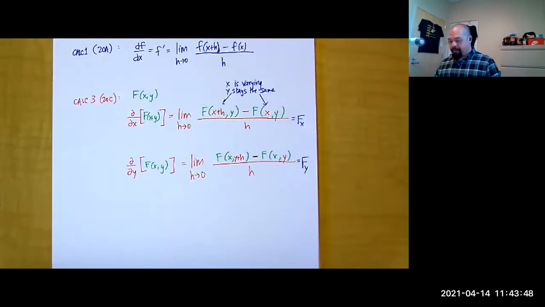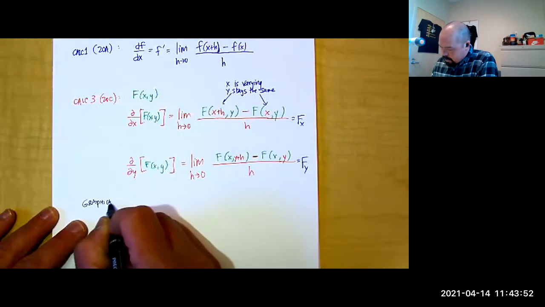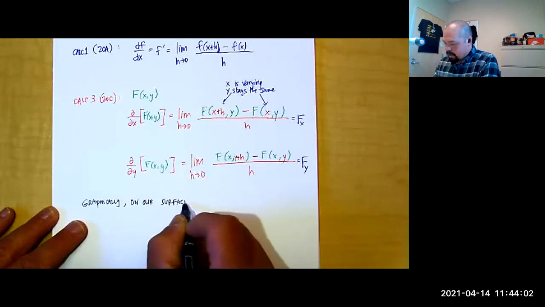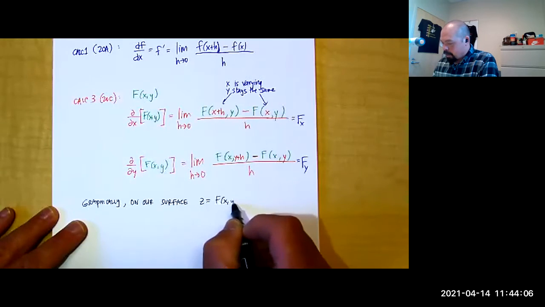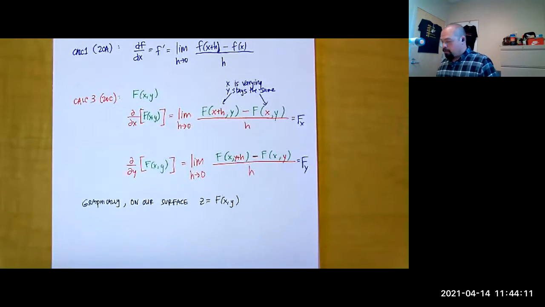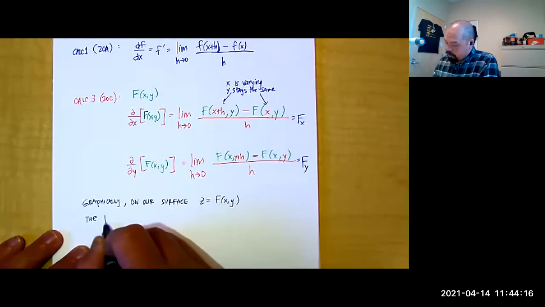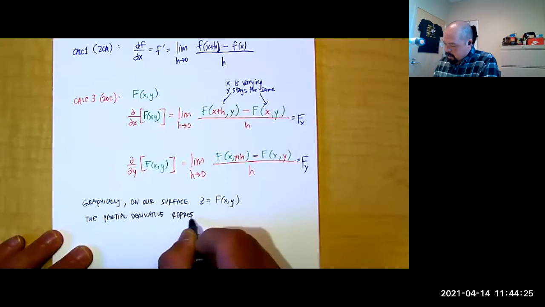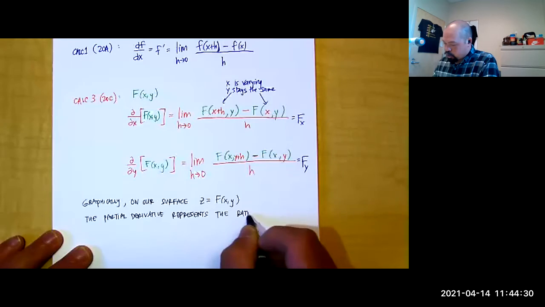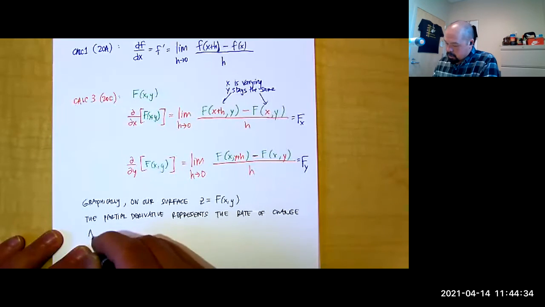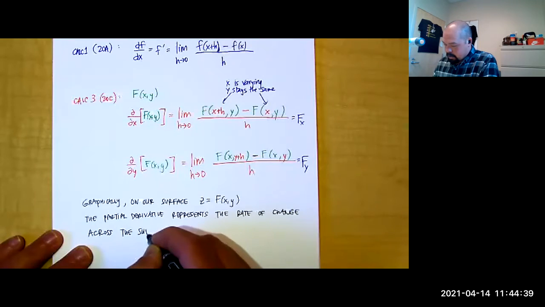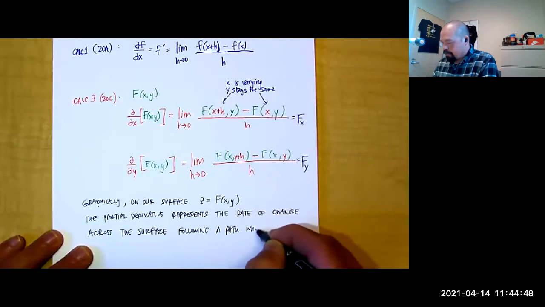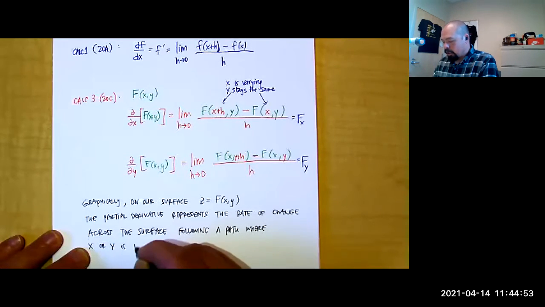And in that view, graphically, visually, on our surface, where z is given by that function f of x, y, or later a function of 3 variables, that partial derivative represents that rate of change, that slope, across the surface following a path where either x or y is held constant.